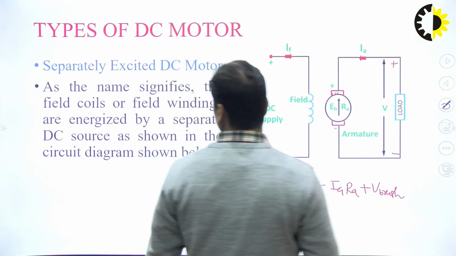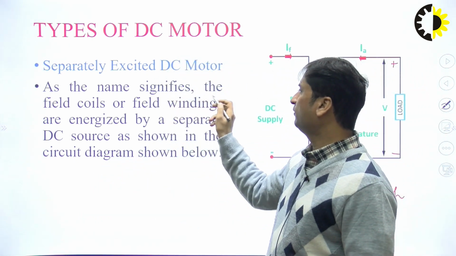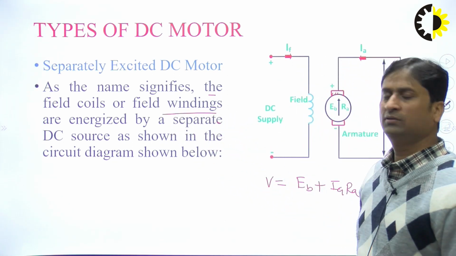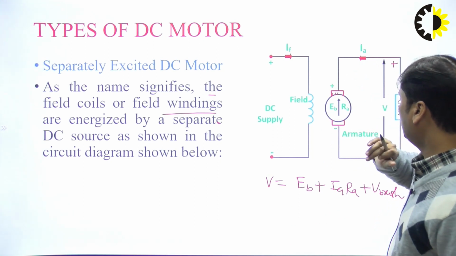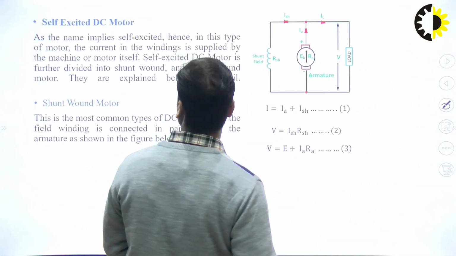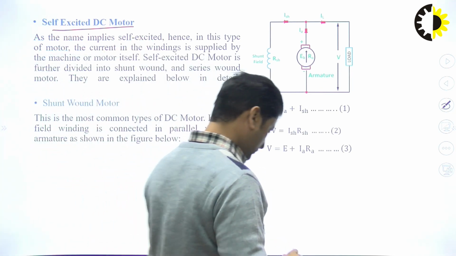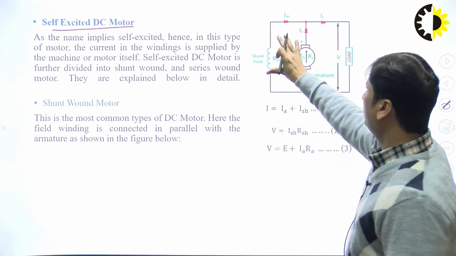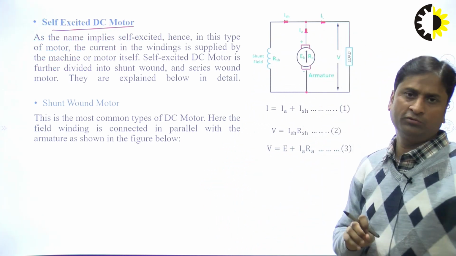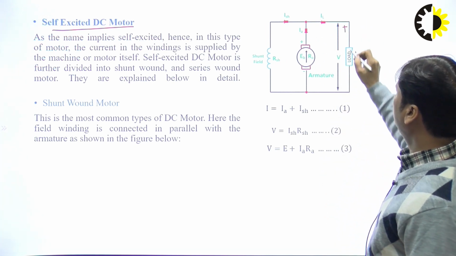As we know, in the separately excited motor, the field windings are energized by a separate DC source, and the armature is supplied by the source. In a self-excited DC motor, the field winding is not separately excited, but is excited by the armature itself, or by the same DC voltage.